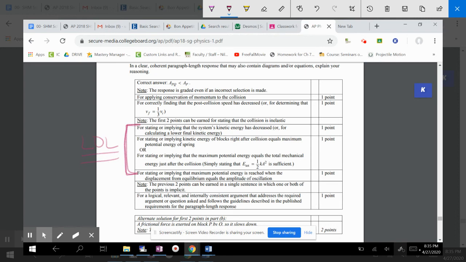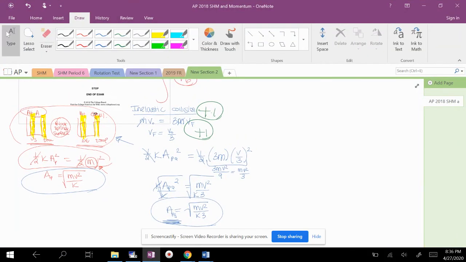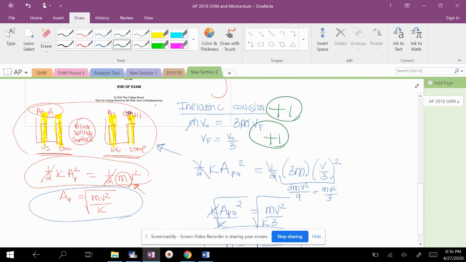So note, the previous 2 points can be earned in a single sentence in which one or both of the points is implicit. Now realize that I haven't written any words yet. I'm just talking through how you would solve this problem. You actually need to say the LOL diagram in a sentence. Just because I wrote this here, if you want credit on this AP test, you need to put this into words.